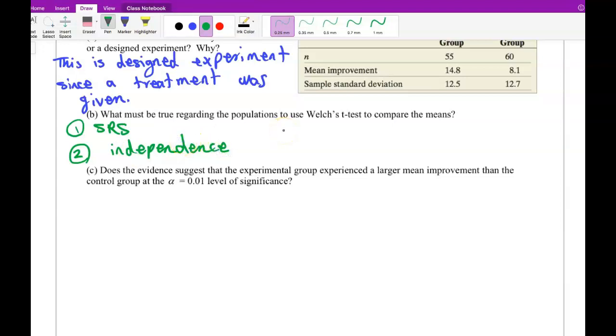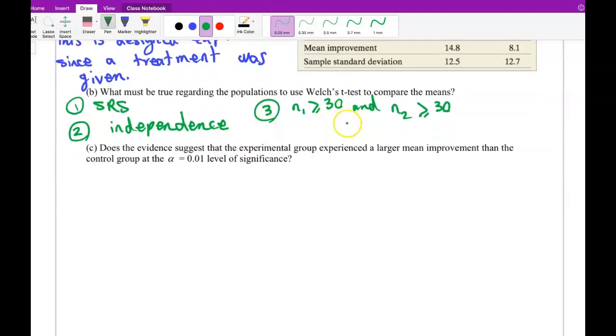And the third one, our sample size should be greater than or equal to 30. So this is for both of these samples. Or we should have them normally distributed.